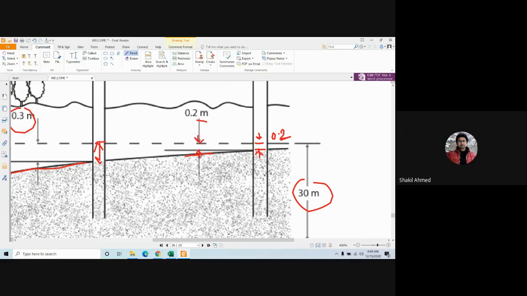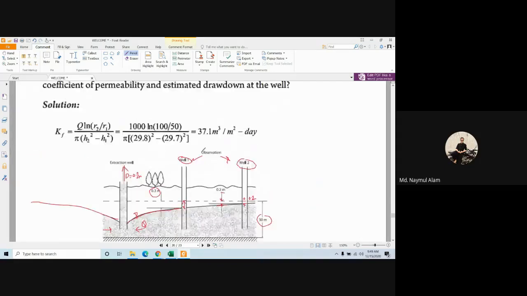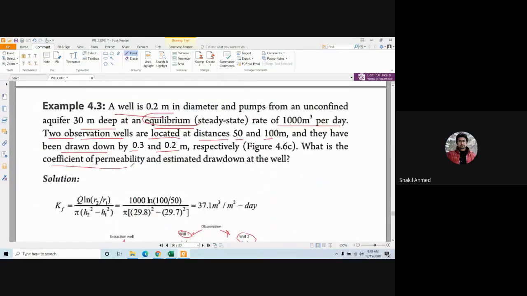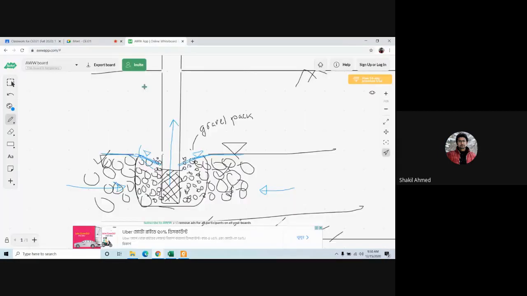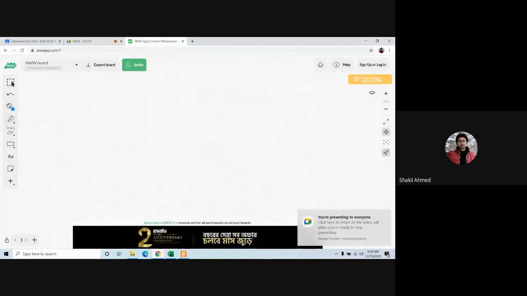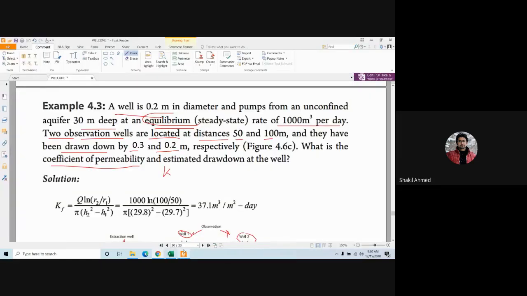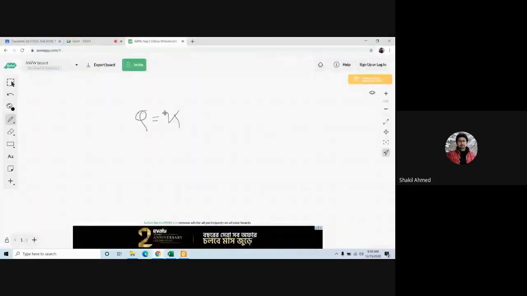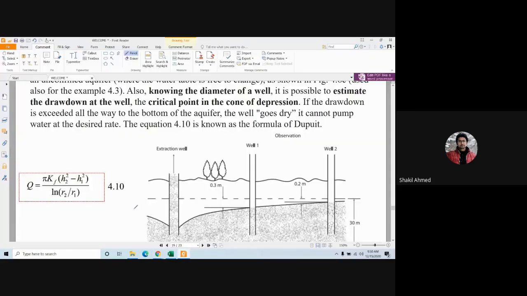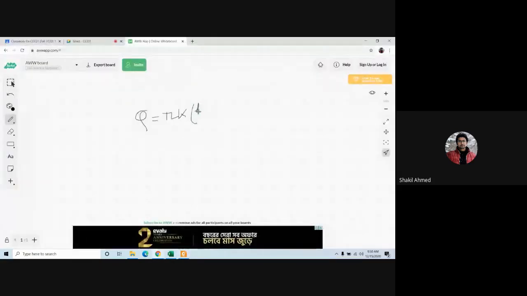Okay, is it clear? Yes, sir. Okay. What is the coefficient of permeability? That means K, estimated drawdown at the well. So basically this is easy. You have the equation. What is the equation you have? You have Q equals pi into K into H2 square minus H1 square, divided by ln of R2 divided by R1.